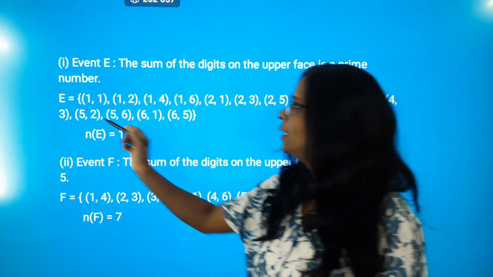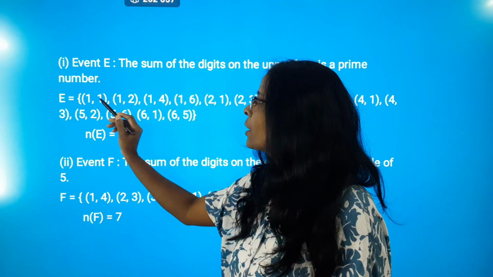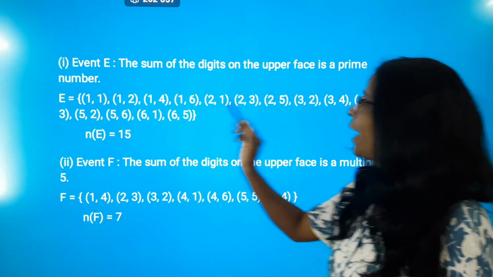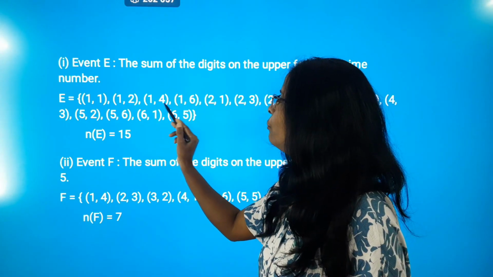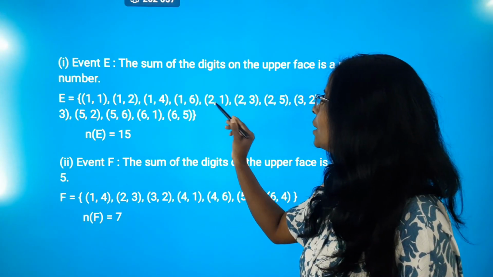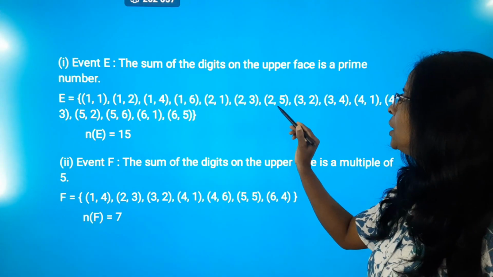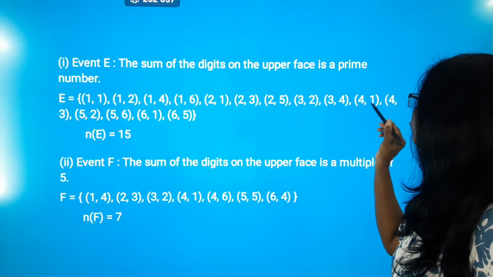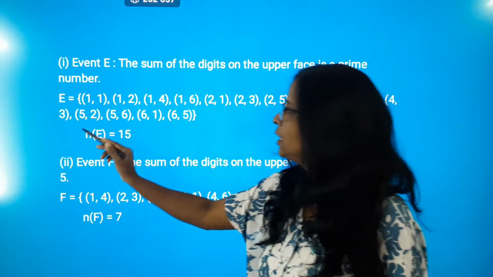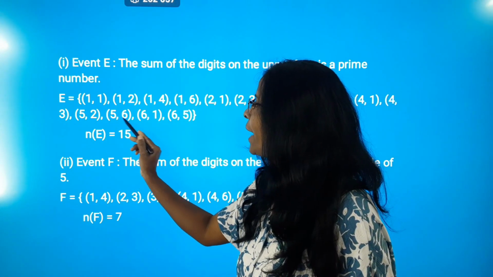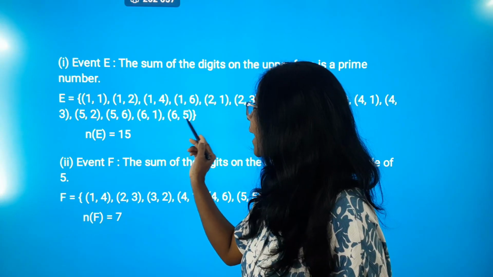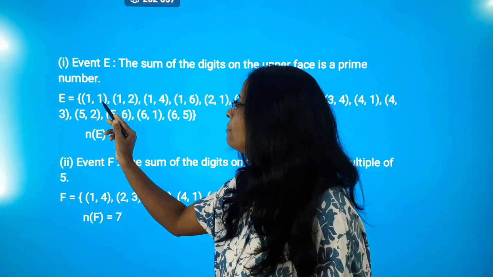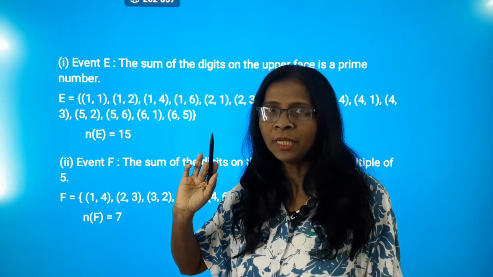So here E is equal to {(1,1), (1,2), (1,4), (1,6), (2,1), (2,3), (2,5), (3,2), (3,4), (4,1), (4,3), (5,2), (5,6), (6,1) and (6,5)}. See here, 1 plus 1 is 2, that is a prime number.